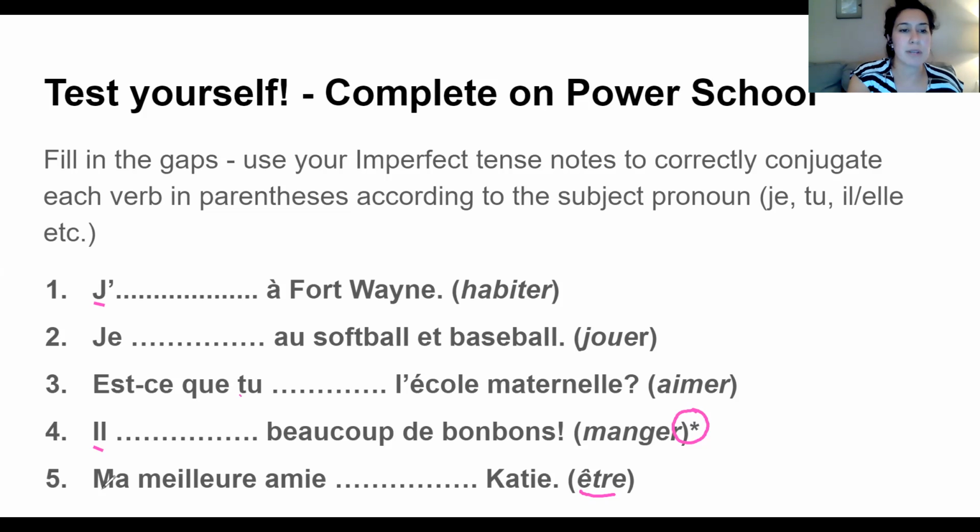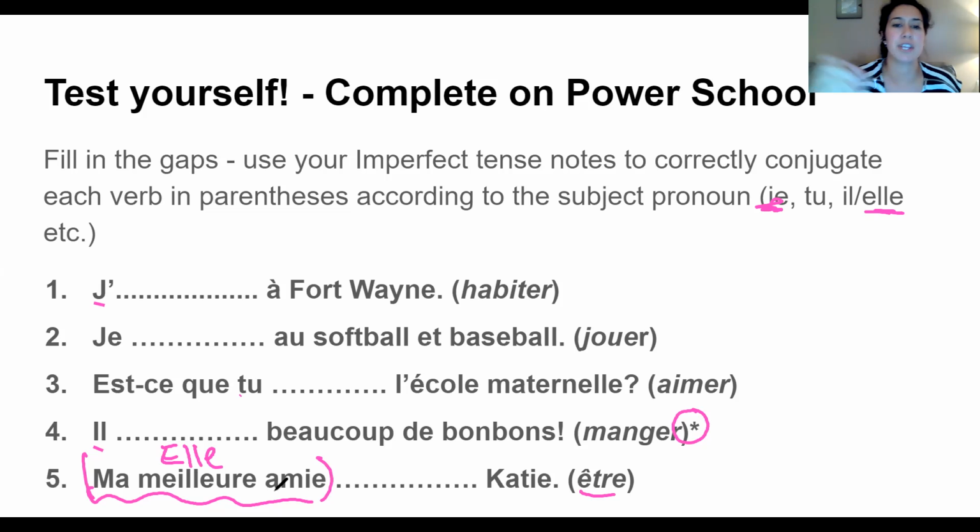And then here the pronoun is different. So ma meilleure amie, is that je or elle? It's not je. Ma meilleure amie is the equivalent of saying elle, she. So my best friend is a she pronoun.